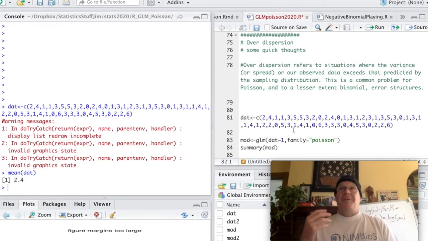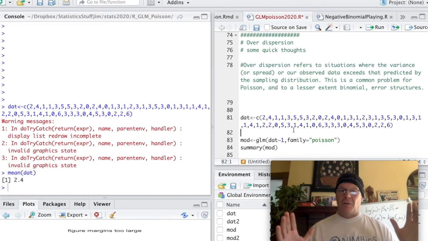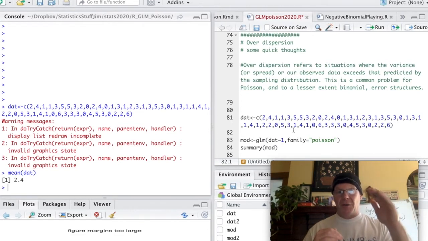But when it comes to statistical hypothesis testing, we also want to incorporate the uncertainty around that point estimate. That's where overdispersion becomes a problem, because if your lambda is 2.4, there is a closed form solution of what you expect the uncertainty to be around that.